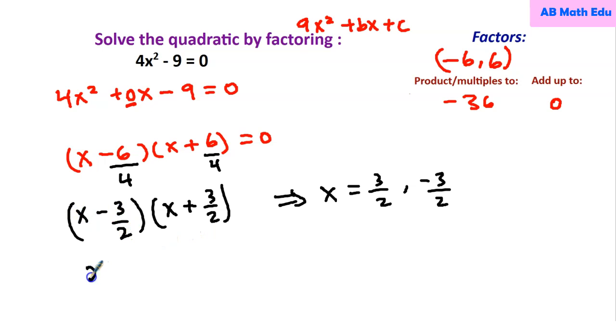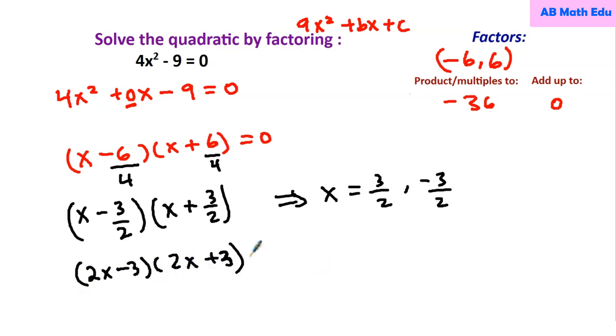So here we will get (2x minus 3) and (2x plus 3). We can also use difference of two squares because this one is a perfect square and this is a perfect square. So we write it as (2x) squared minus 3 squared.